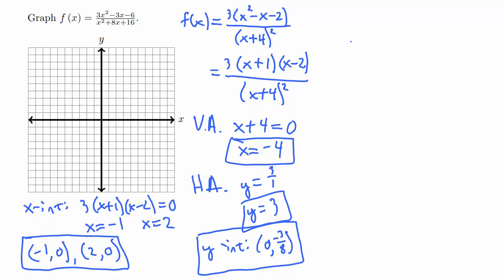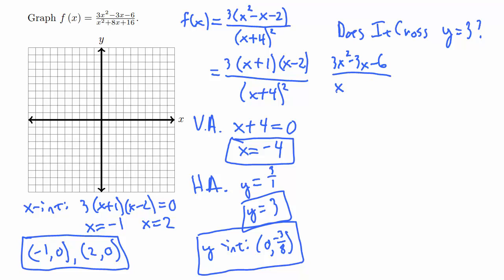Fantastic. The only other thing we need is to answer, does it cross y equals whatever our horizontal asymptote was, which is 3. Well, again, we set the entire function, 3x squared minus 3x minus 6, all over x squared plus 8x plus 16 equal to 3.